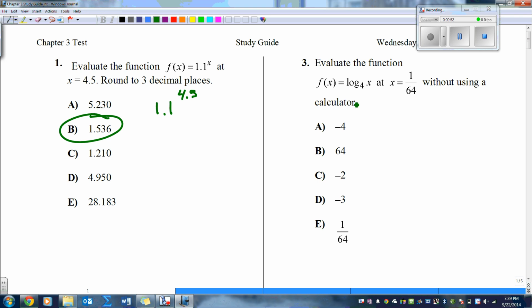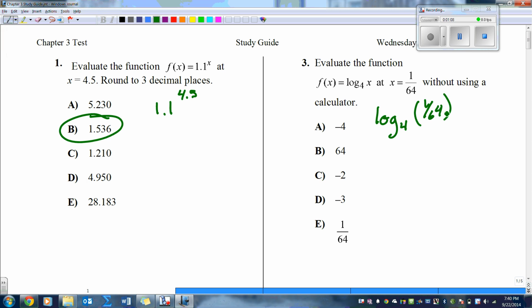Evaluate. Again, we're going to plug in x, so we're going to type into our calculators log base 4 of 1 over 64. You can use your log base, which you go to math, arrow up 2, and that should be your log base.